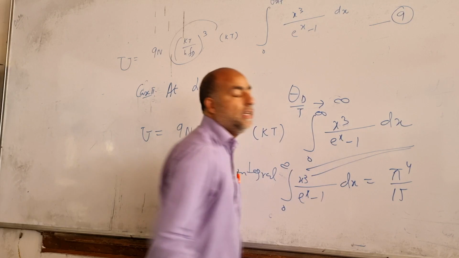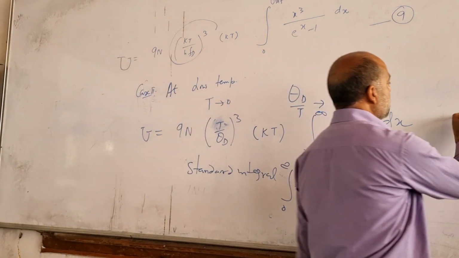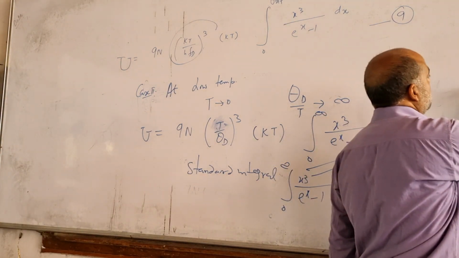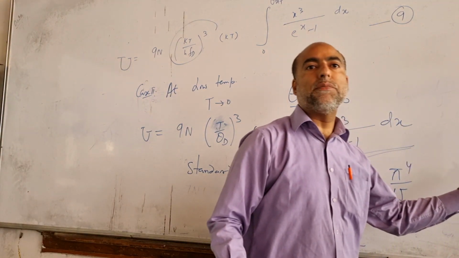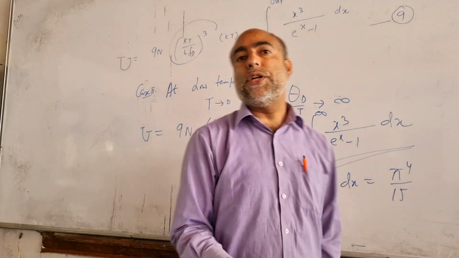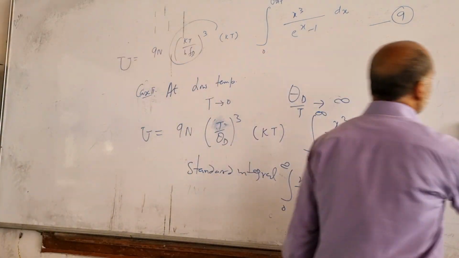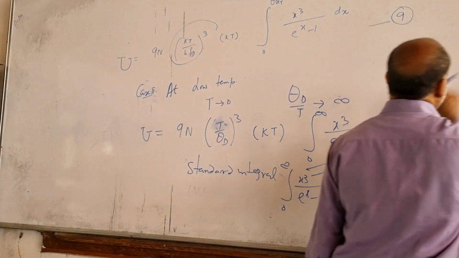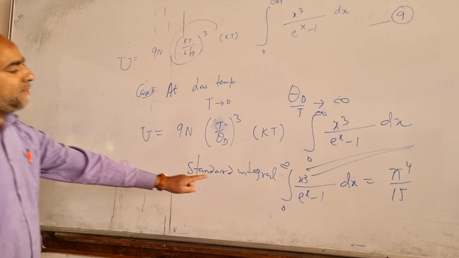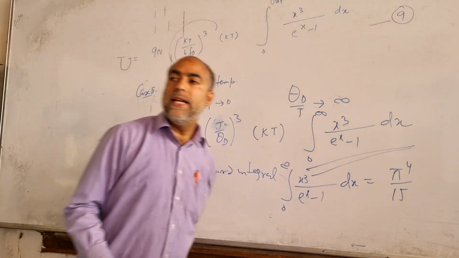There are two symbols: one is the summation of terms, the other is the product of terms. Here pi is the value 22 by 7, the circumference by diameter of the circle. So this is a well-known standard integral, and its value is pi to the power 4 by 15.